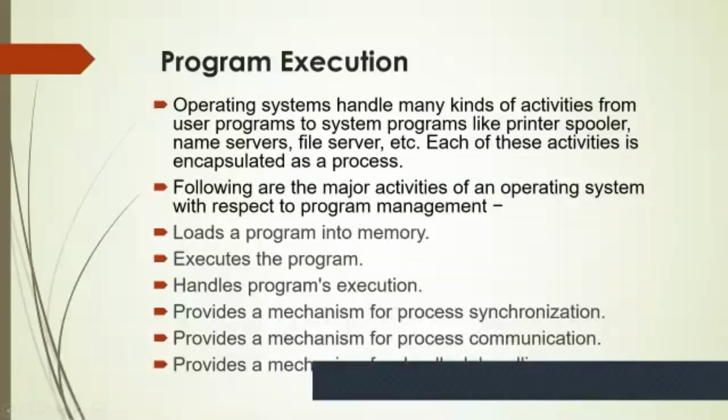These are the steps of program execution: loading a program into memory, execution of the program, handling the program's execution, providing a mechanism for process synchronization, for process communication, and for handling deadlocks.